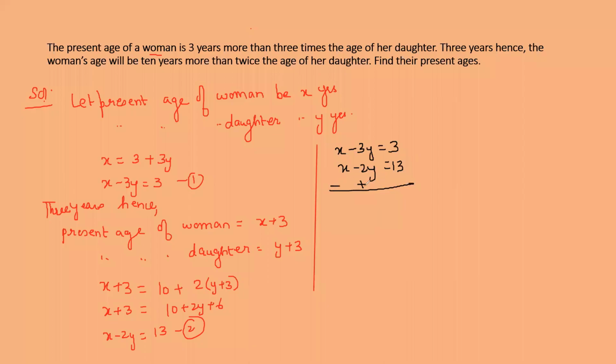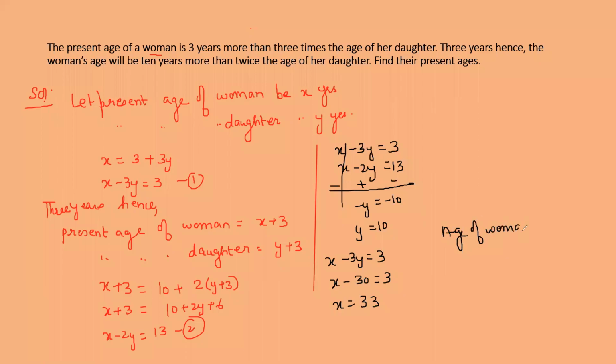So when you subtract, the sign changes. You get minus y equals to minus 10 or y equals to 10. And substitute for x. In any of the equations, you have x minus 3y is 3. So x minus 30 equal to 3, x equal to 33. That means age of woman is equal to 33 years and age of daughter is equal to 10 years.